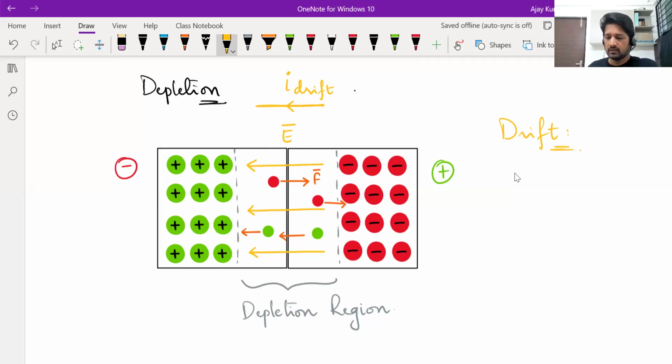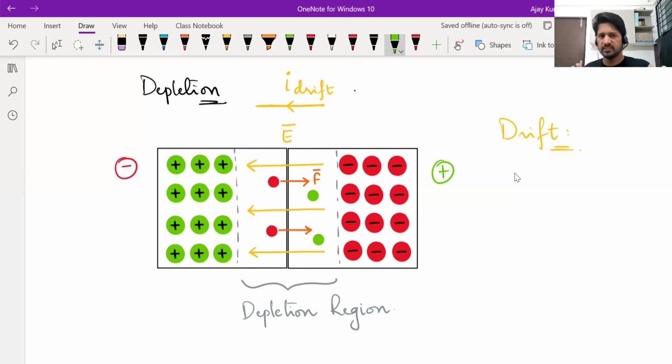So what happens whenever a conduction electron gets produced on the p side? The electric field will bring it back to the n side. And whenever a hole is generated occasionally, see, you can't say only electrons are generated or only holes are generated.